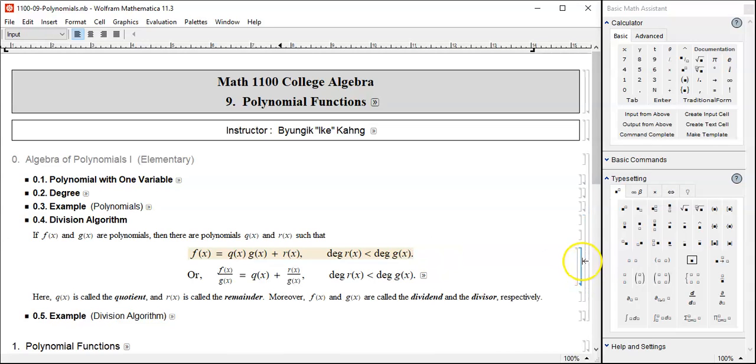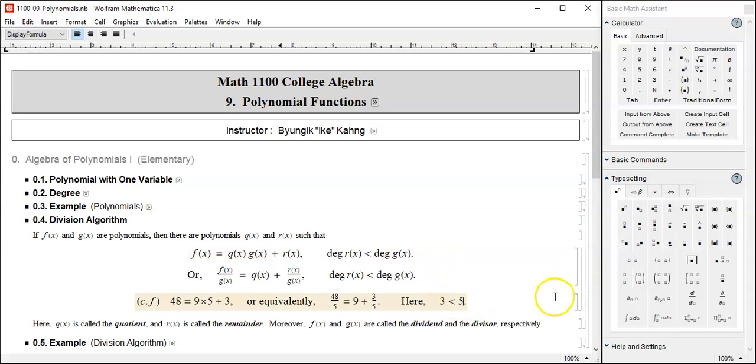And these two expressions are analogous to these two expressions here and there for positive integer arithmetic.